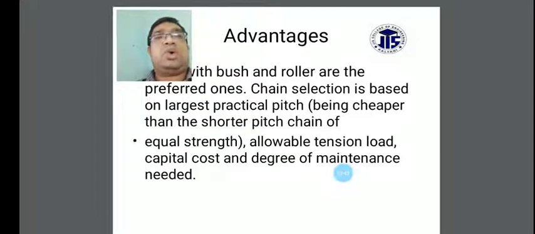This is the costing of your chain, which is considered according to the capital cost, and the degree of maintenance needed is also required. Oil will be put on the connected joints so that the chain moves properly, and for this you have to concentrate on the degree of maintenance.